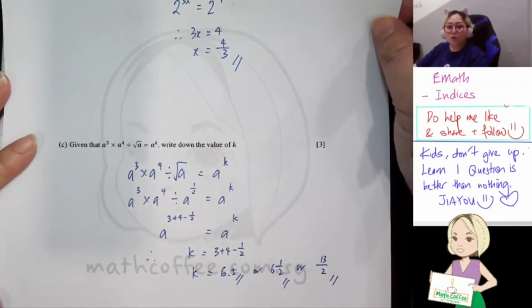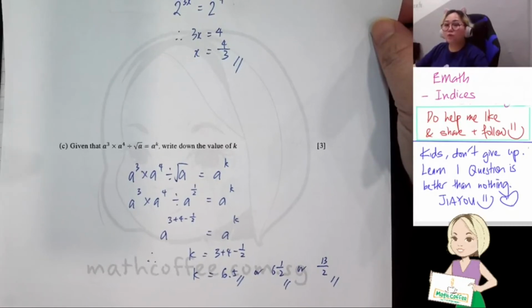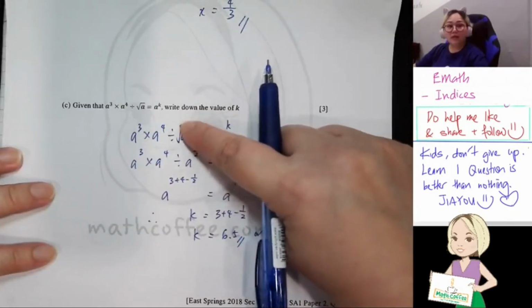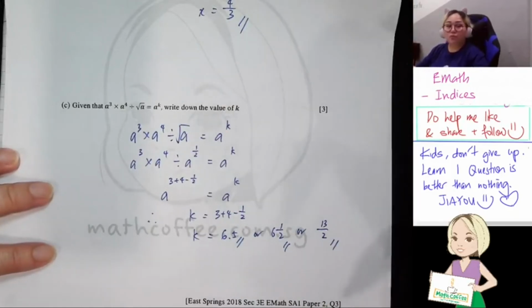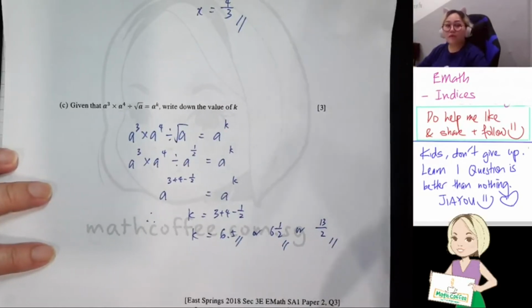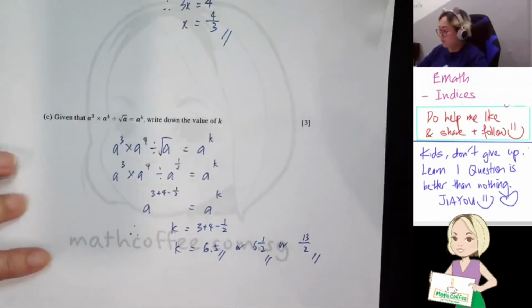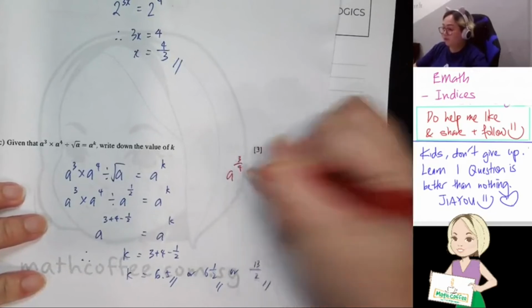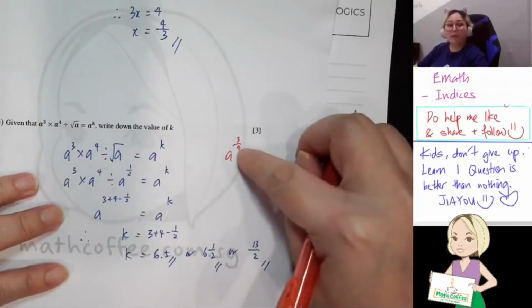So how come square root becomes half? It is the rule. For a square root, there's an invisible 2, so it is 1/2, so it's half. Cube root is 1/3. Fourth root is 1/4. So fraction-wise, you all need to know this. When I see a^(3/4), you need to know that the denominator goes to the root.